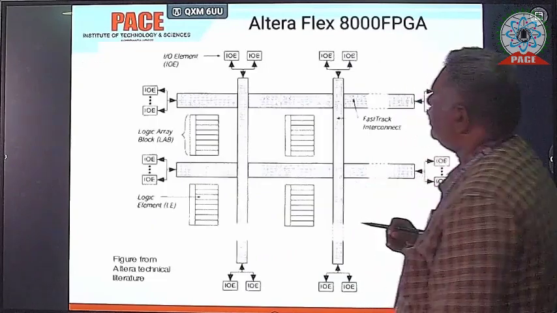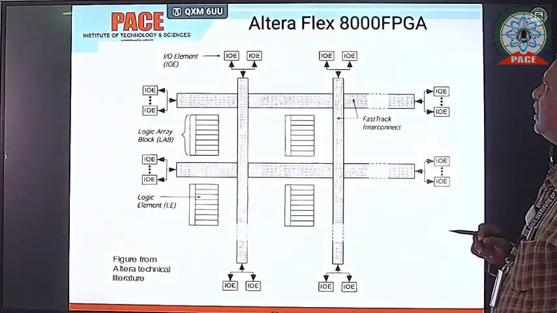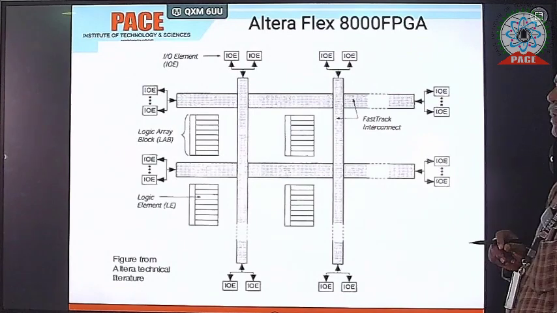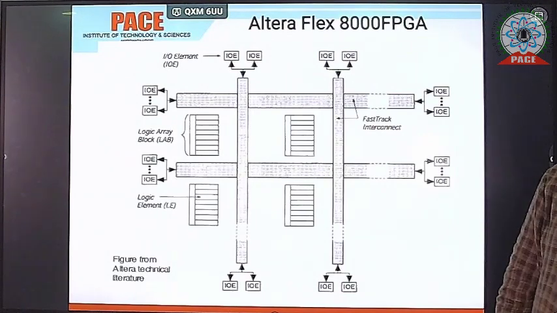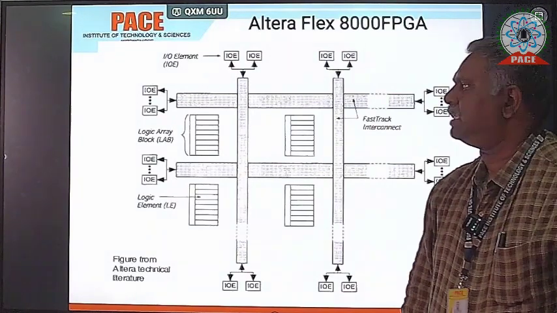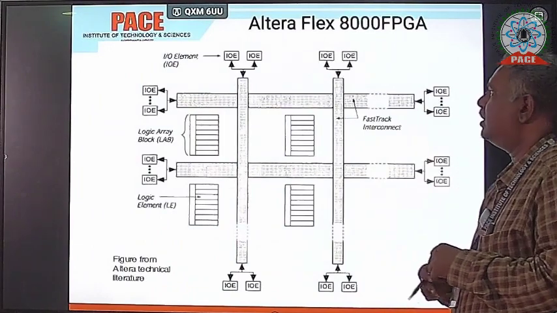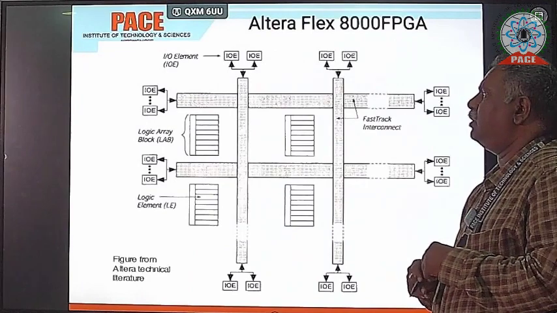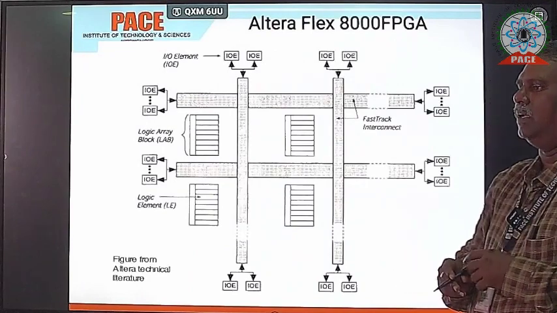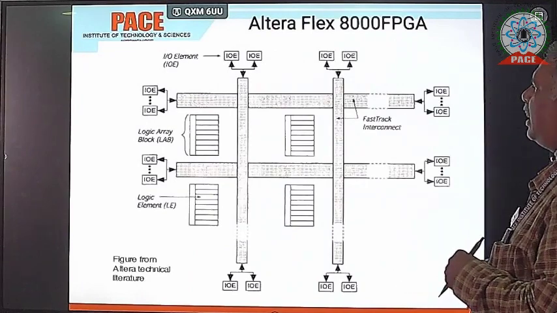So, another method is the UltraFlex 8000 FPGA. This is the second generation of FPGA. So, in this second generation of FPGA, what is the difference between the previous one and this one? Previously we have input output blocks and CLBs.